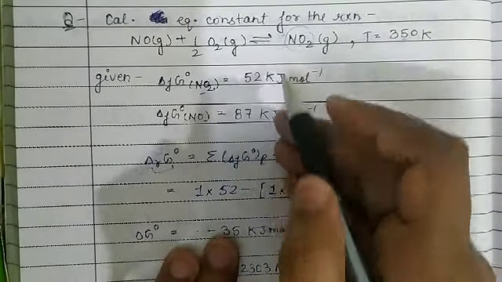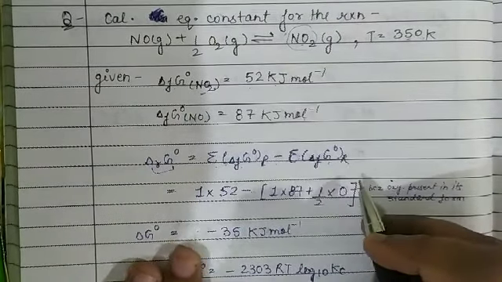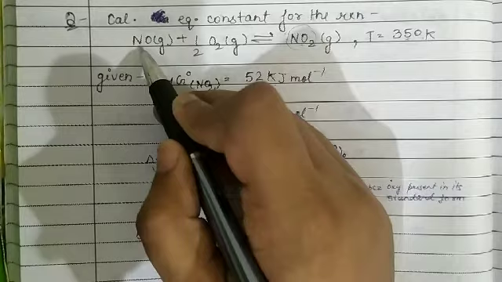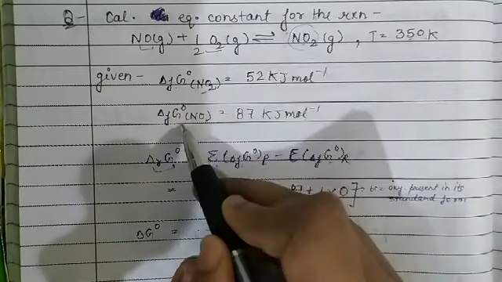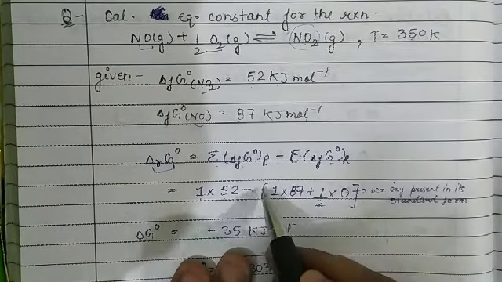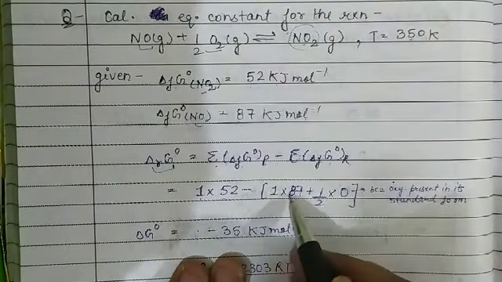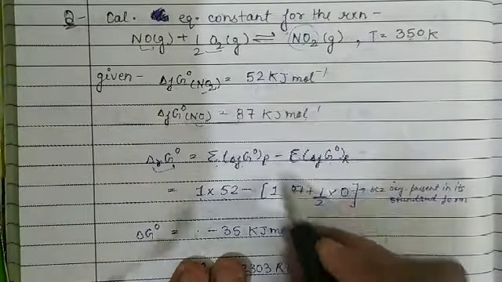And 1 mole of NO2 is produced, so 1 into 52 minus. For reactants, two values are given, NO and O2. The value of delta G naught for NO is given as 87. So it is minus, as 1 mole of NO is there, 1 into 87 plus half.